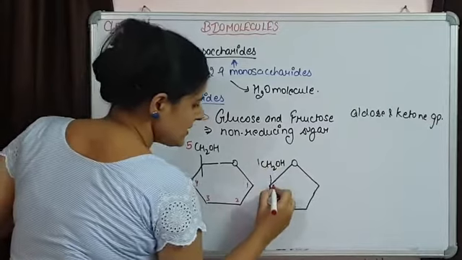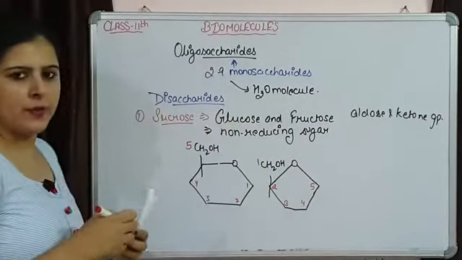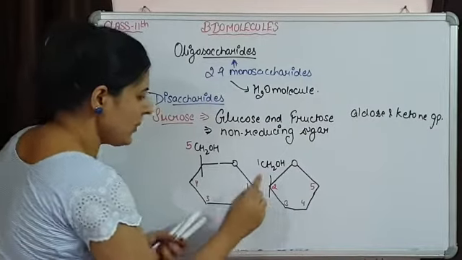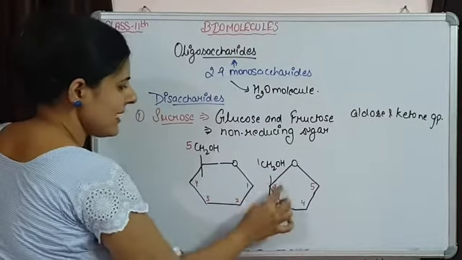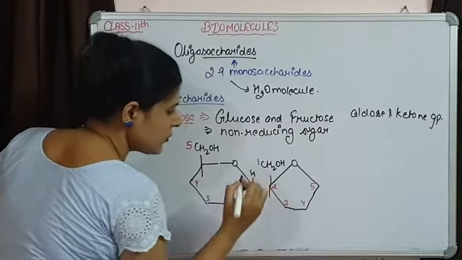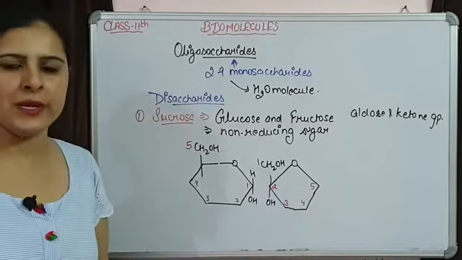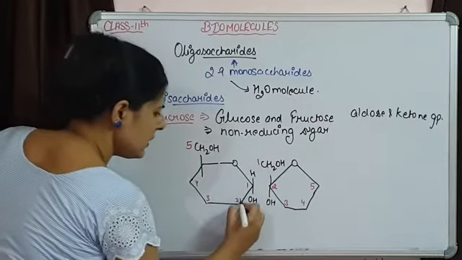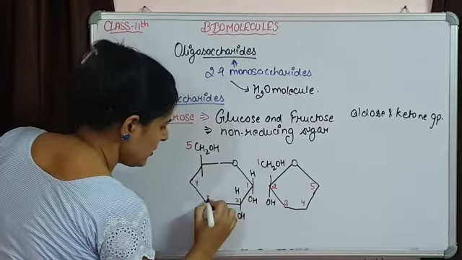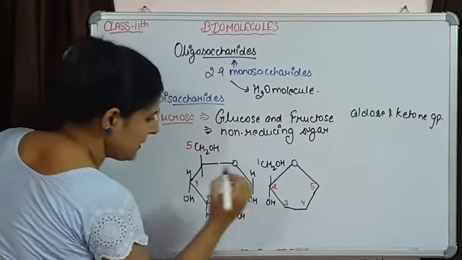Over here also: first, second, third, fourth and fifth carbon. The bond is going to form between the first carbon of glucose and the second carbon of fructose. Here a hydrogen is there, an OH group is there, and an OH group is present over here; the rest have H, OH, OH, H. So this is how the complete structure is.